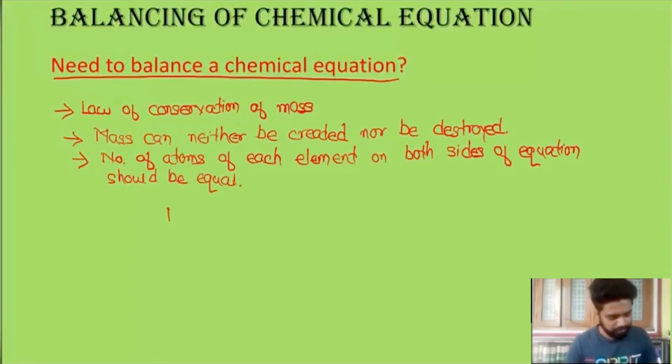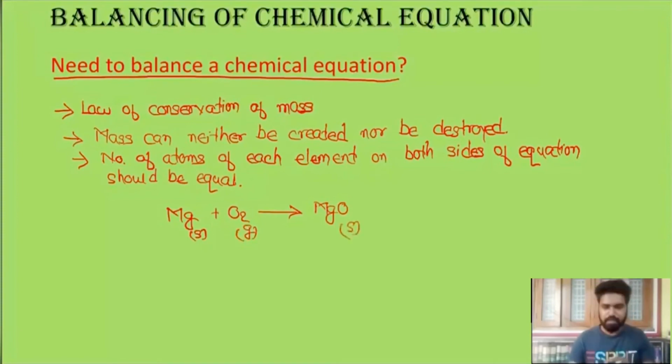We have Mg plus O2 giving MgO. Magnesium is a solid, oxygen is a gas, and MgO is a solid. Let us have a look at the masses. We have one magnesium atom here, so the mass is 24 grams.